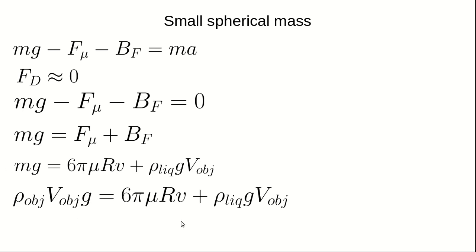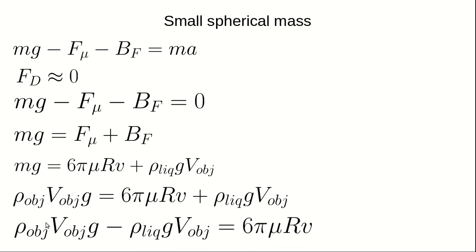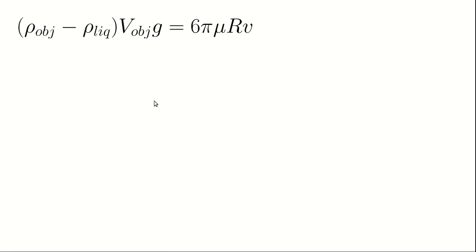If you take this one and this together, leaving this one behind, you have something of this form: this minus this equal to this. And now take note what is common. You can factorize them out, and you have this one here. Now at this point you notice that the volume of the spherical object is 4 pi r cubed all over 3.